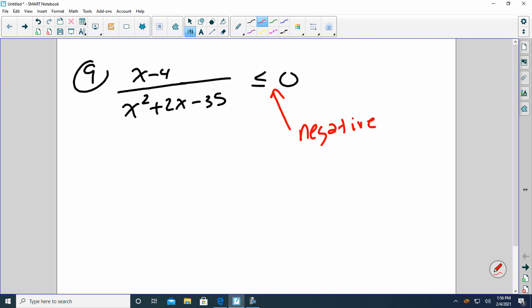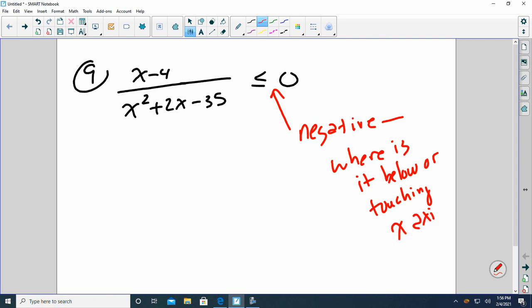Negative would mean where is it below or touching, because they're equal, the x-axis. Okay? So we want to know that. Does everyone feel comfortable with that information so far?